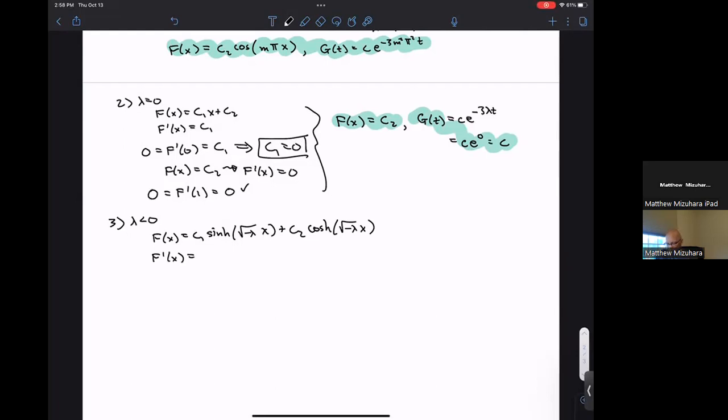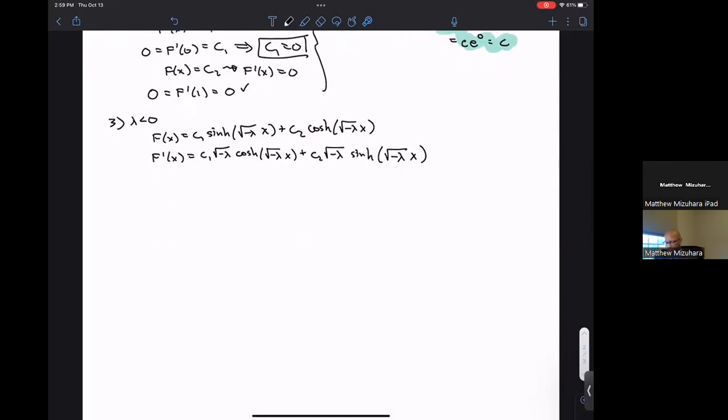So when I take the derivative of the sinh, it should be c1 root minus lambda cosh of root minus lambda x plus c2 root minus lambda sinh of root minus lambda x. Again, the only difference here is that the derivative of cosh is not minus sinh, it's just regular plus sinh.